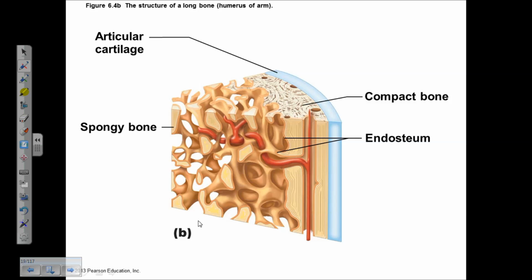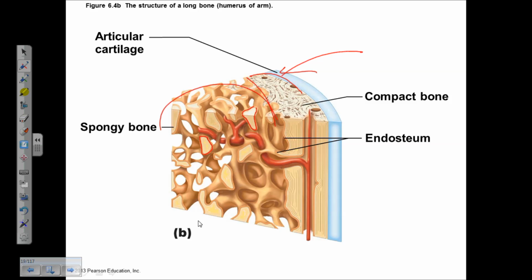If we magnify the picture a little bit more, what we're going to find is, and here we're looking at the part of the bone that is close to the articular surface. So you will see articular cartilage, you will see compact bone, and you will see the spongy bone. And if you look really closely here, you see that brownish covering.